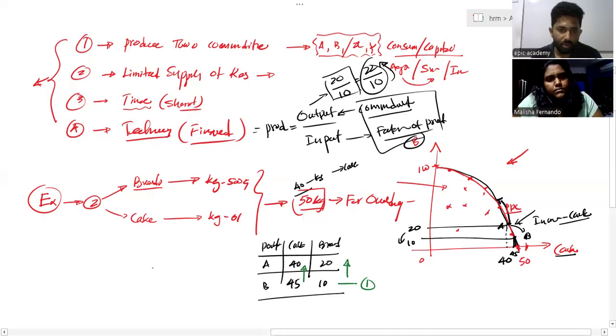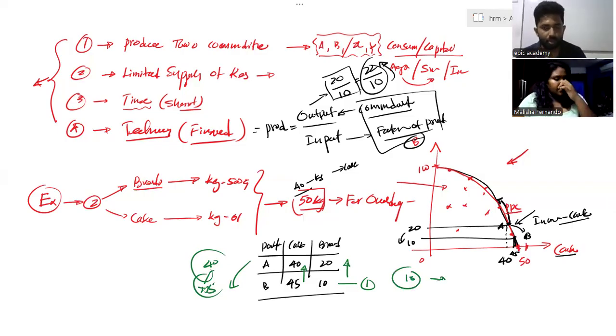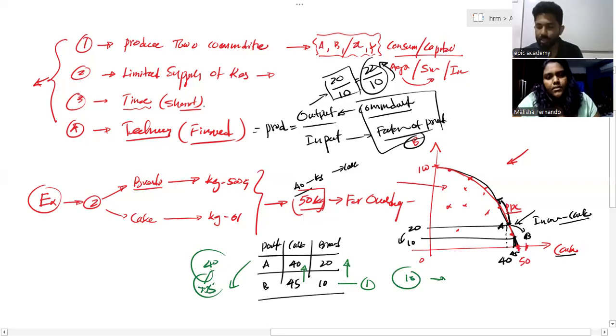So if you calculate increasing cake production from 40 to 45, the opportunity cost is 10 breads. Actually, this opportunity cost must be a valuable one.